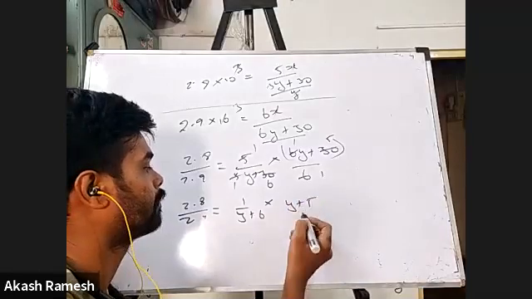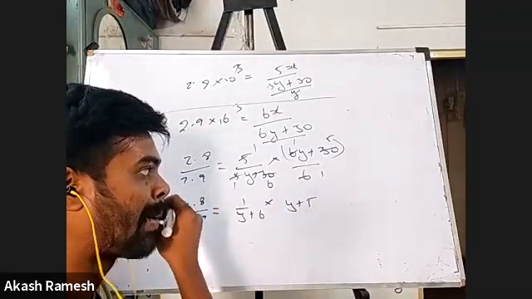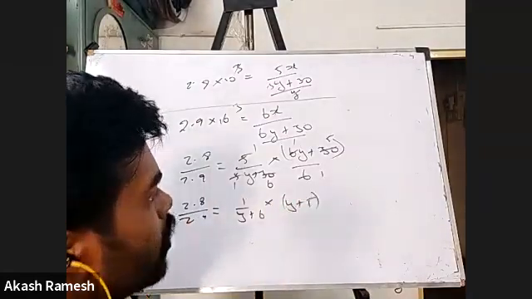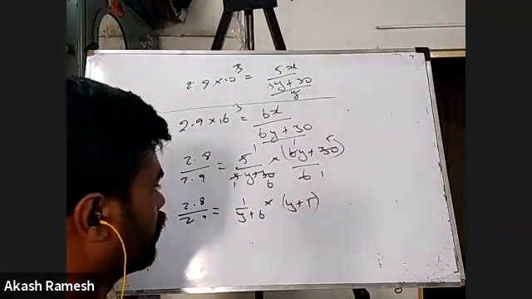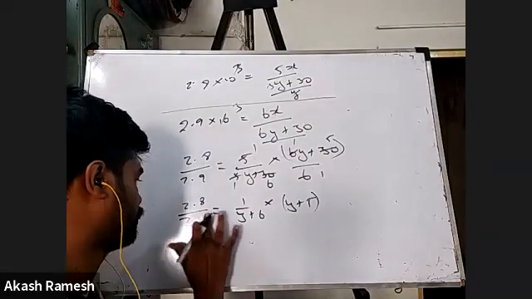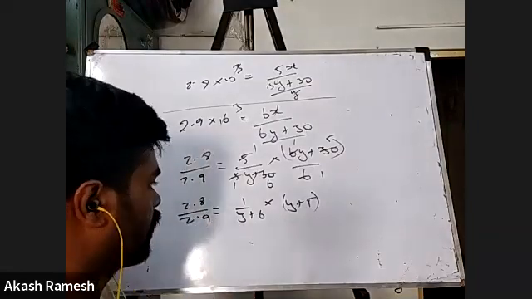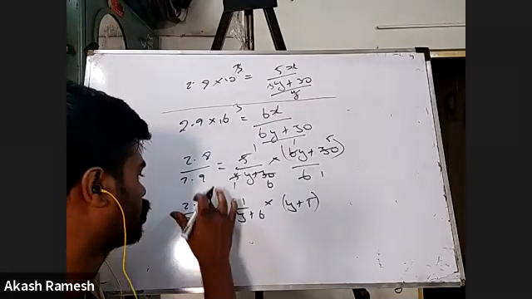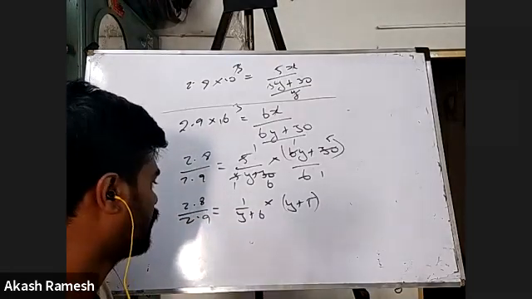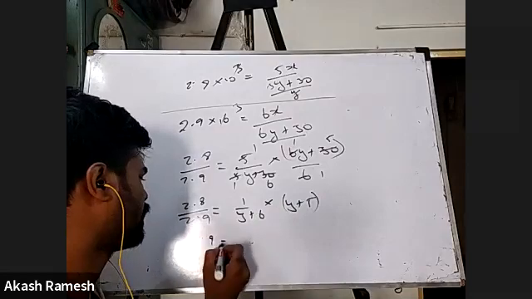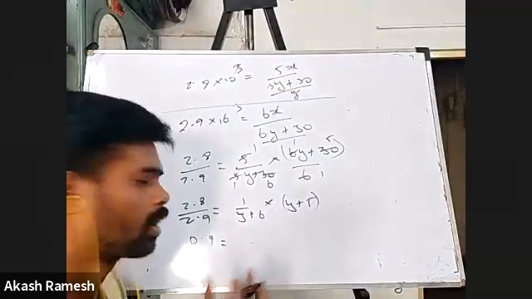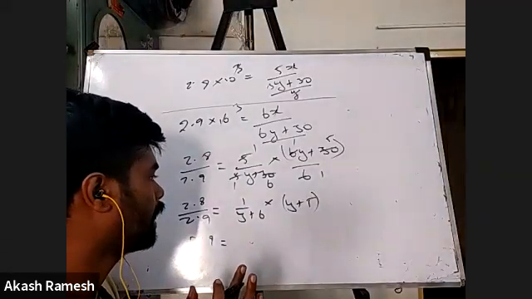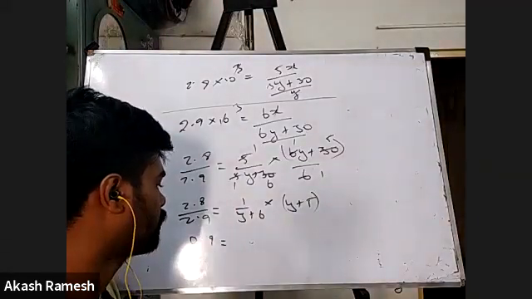All the other things are cancelled. So 2.8 divided by 2.9, approximately I keep it as 0.9, which is less than 1. So 0.9 is equal to (Y plus 5) divided by (Y plus 6).